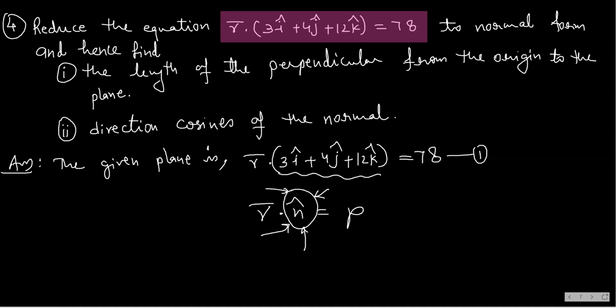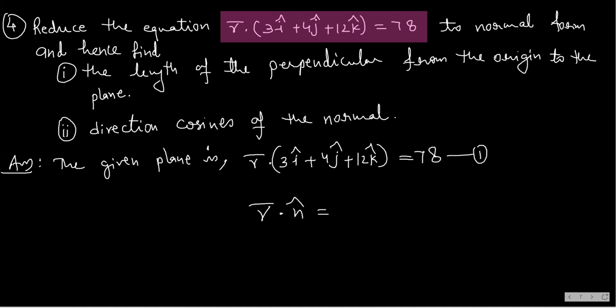This is definitely the normal vector, perpendicular to the plane, but it is not a unit normal. So first of all, I will change this into a unit vector.